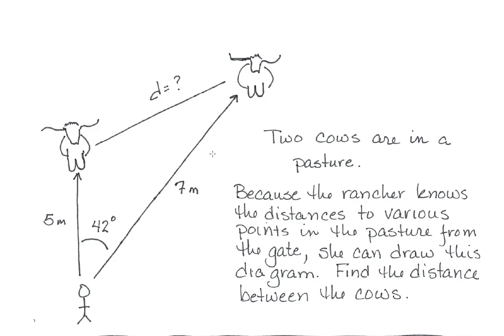Then I can do the same thing to get another right triangle there, and ultimately figure out what the distance is. So I can play with geometry and do it with geometry.